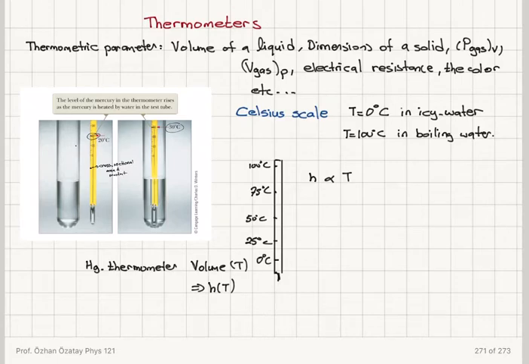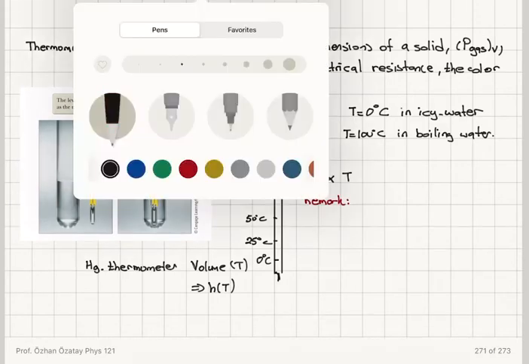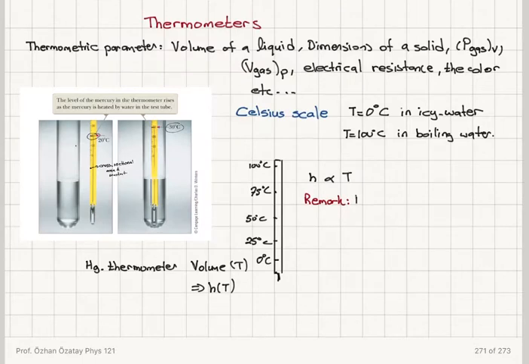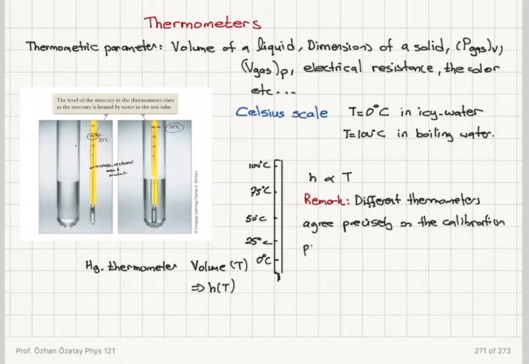Now, if you have different thermometers that you can use to measure the temperature of a system, they will agree exactly on the calibration points. So this is an important remark: different thermometers agree precisely on the calibration points.